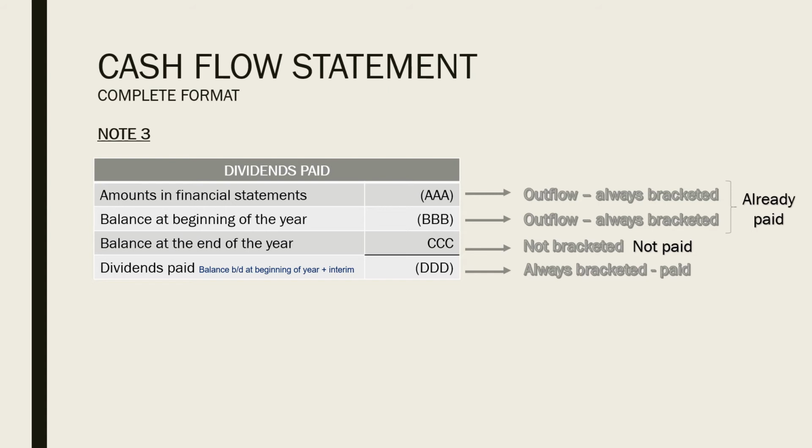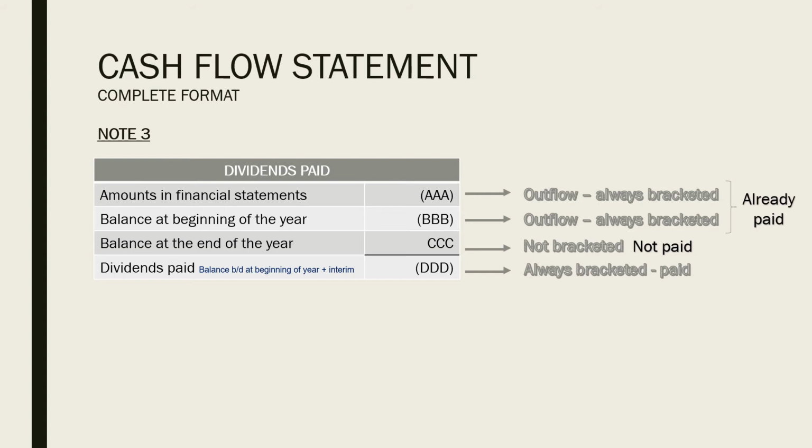The calculation of this amount includes the balance brought down at the beginning of the year. If you remember, when the directors declare a final dividend, we always credit shareholders for dividends because those final dividends have been declared, but they have not been paid. And that will then be the balance brought down at the beginning of the next financial year.